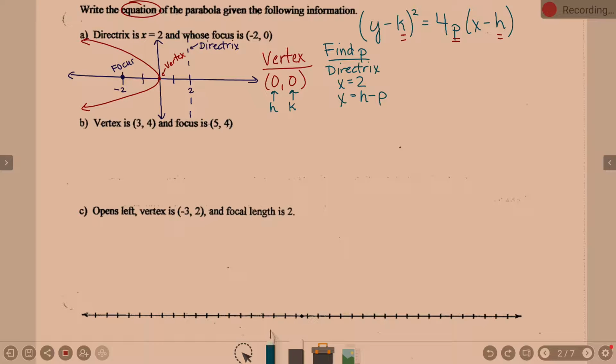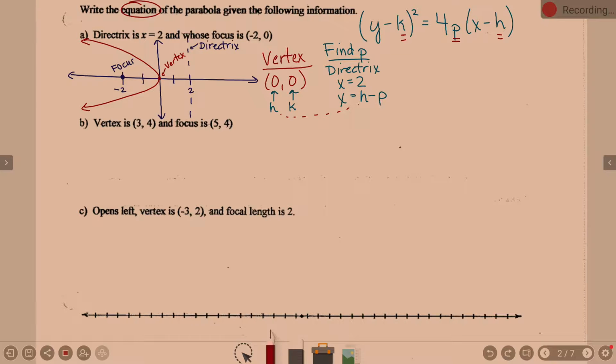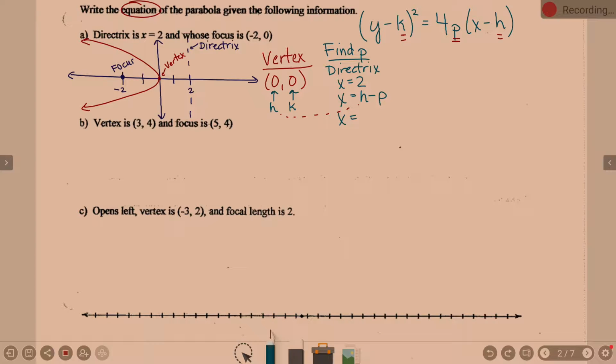Do we already know h? What is h? H is 0, isn't it? And so with that information, you can use that to find p. Let me back that up a moment.